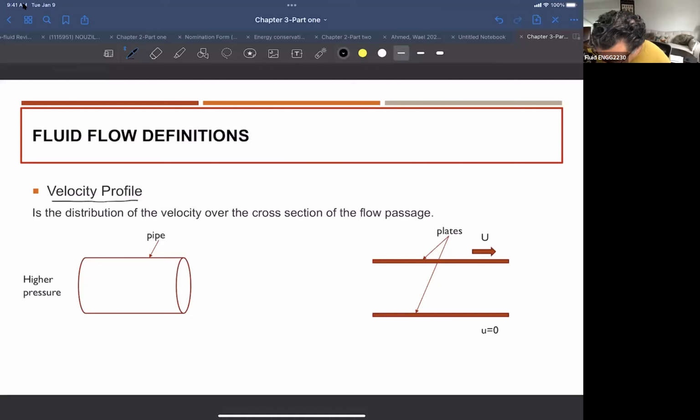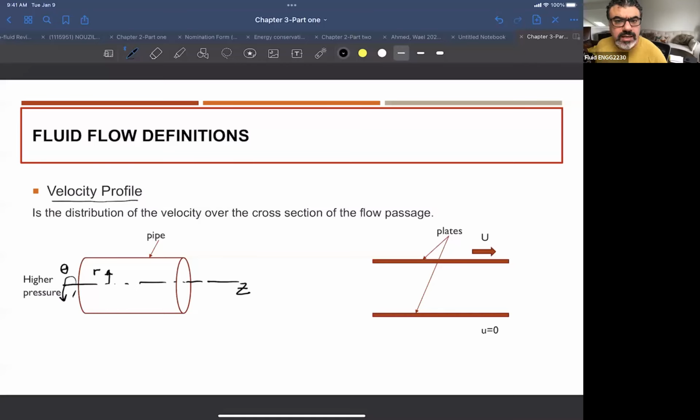So if I have a pipe like this, what will be the appropriate axis to plot the velocity distribution or the velocity profile? Maybe axis Z, right? Maybe the radial direction. And then maybe theta, right?